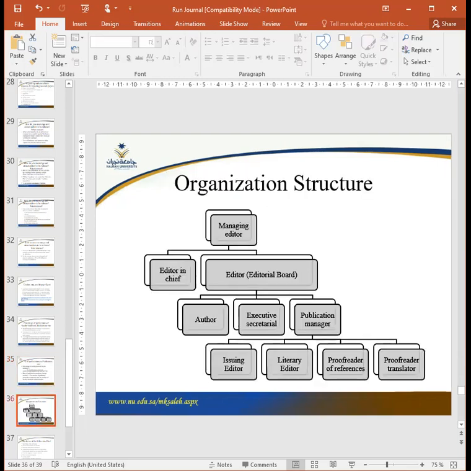Okay, finally, after getting an overview of the logistic and technical issues, publication types, and publisher requirements, it is important to construct an organization structure for the journal itself. The positions of managing editor and editor-in-chief differ and vary, with some overlap.